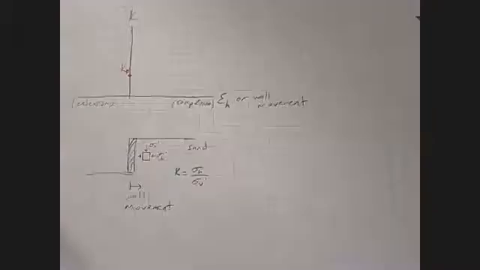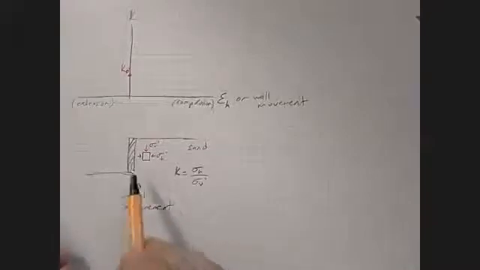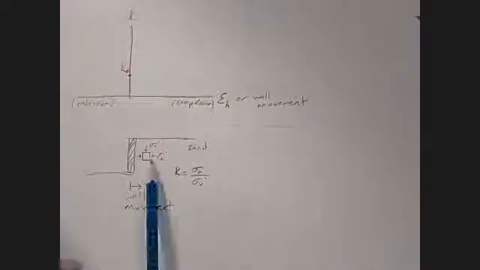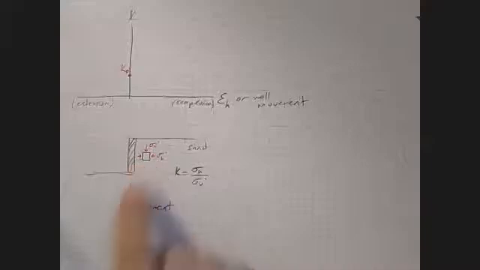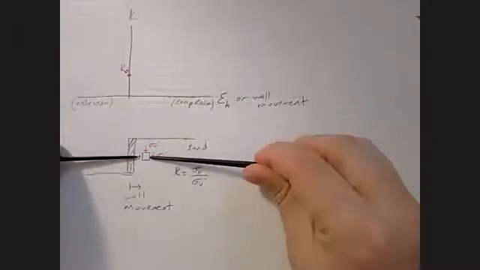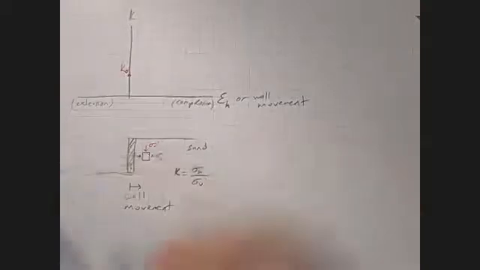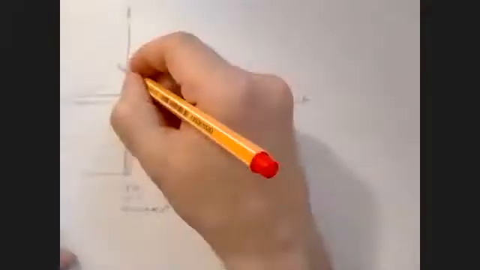Now, if I try to push the wall into the soil, or if I try to compress my soil here, what do you expect? I'm compressing this little element of soil from the sides, so I'm going to be increasing my stress. So let's say it goes like that.